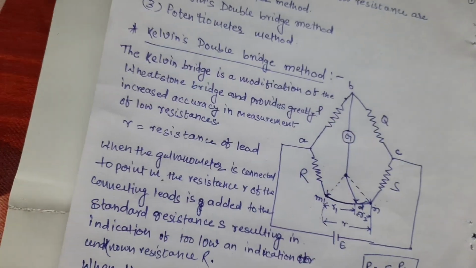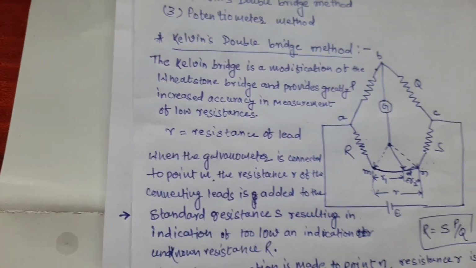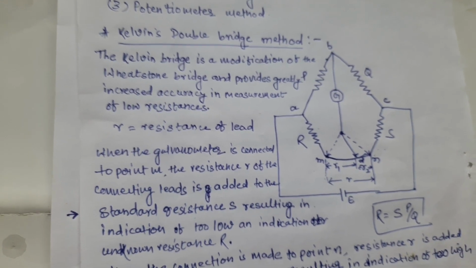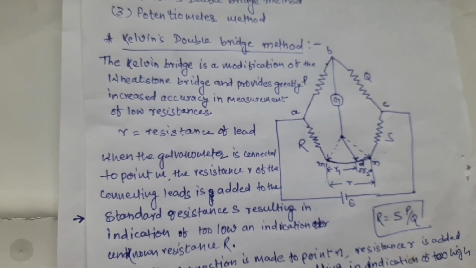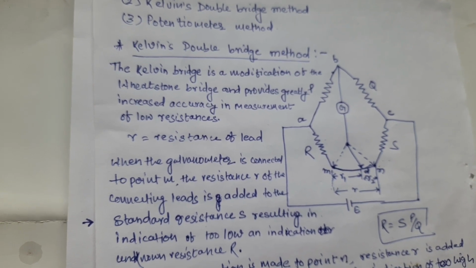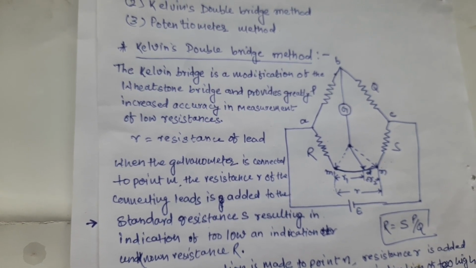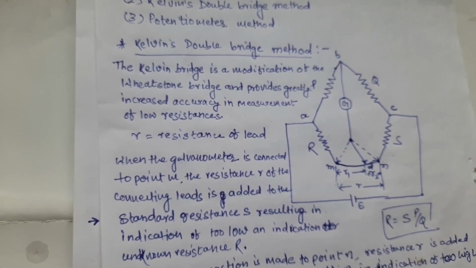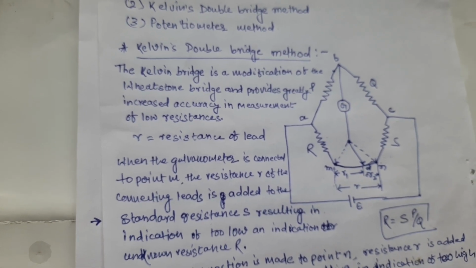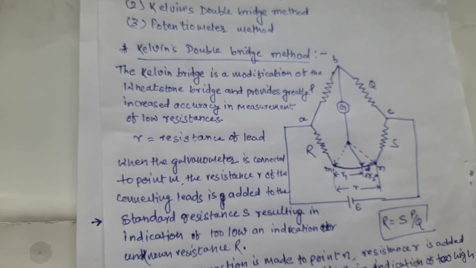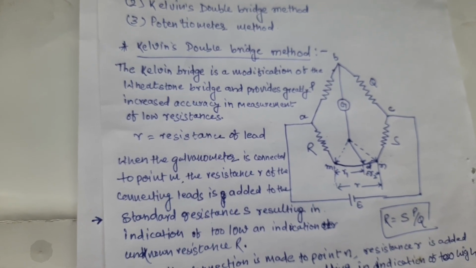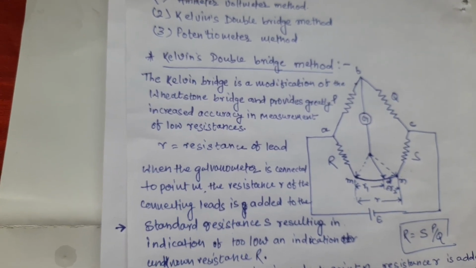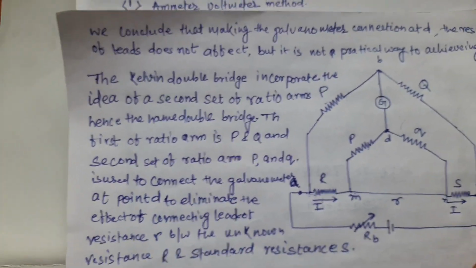Actually, when you connect the unknown resistance and standard resistance using some wire, due to wire resistance there is an error in the measurement of low resistance, because we have to measure low resistance from 0 to 1 ohm, and the wire has some internal resistance. So to minimize the effect of wire resistance, we have modified the bridge.